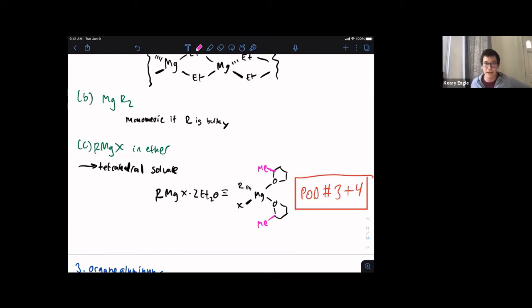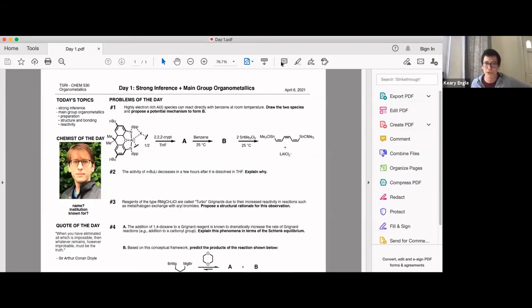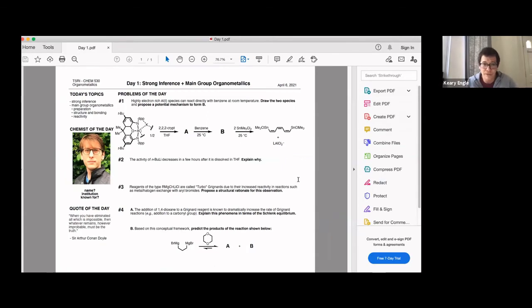I'll pull up the sheet now and read out the problem so that we're all on the same page. So problems of the day 3 and 4, they both have to do with the reactivity of Grignard reagents, hence why we're covering them in this part of the talk.